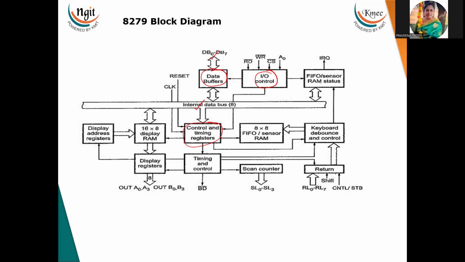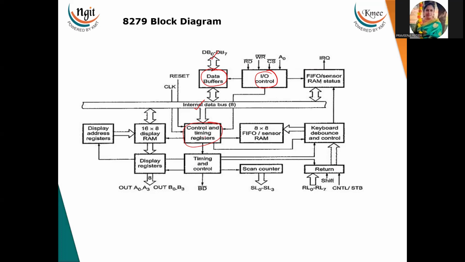Which mode we are operating is programmed in this register, and also display right entry, left entry, that is also programmed in this. Not only that, a few other operations are also written by the CPU in this register.